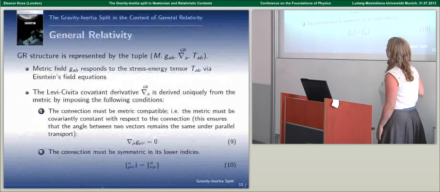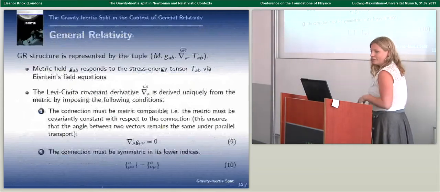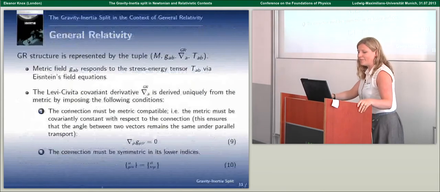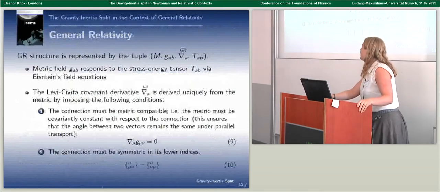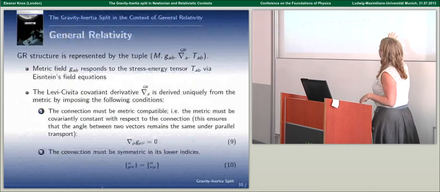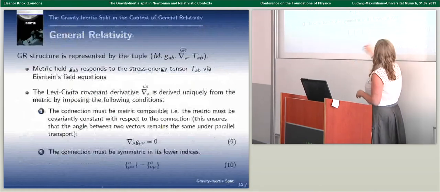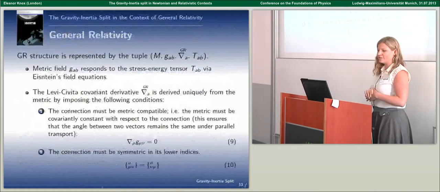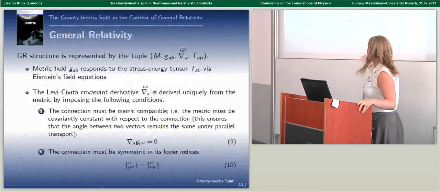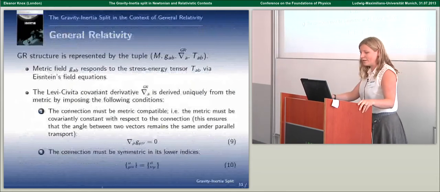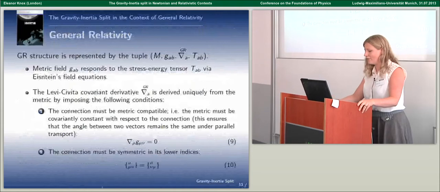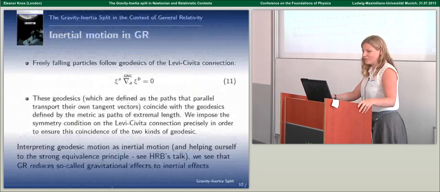That's equation 9. So we demand that the metric be covariantly constant with respect to the connection. And we also demand symmetry. We demand that the connection be symmetric in its lower indices. This criterion 10, I'll say why we demand that one in a second. And that's what we need in order to get out a unique Levi-Civita covariant derivative.